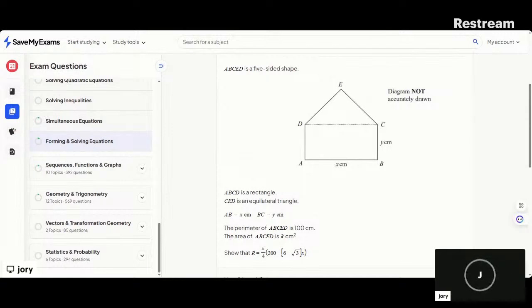It's going to be x squared root 3 times 100 minus 3x. It's going to be 100x squared root 3 minus 3x cubed root 3.